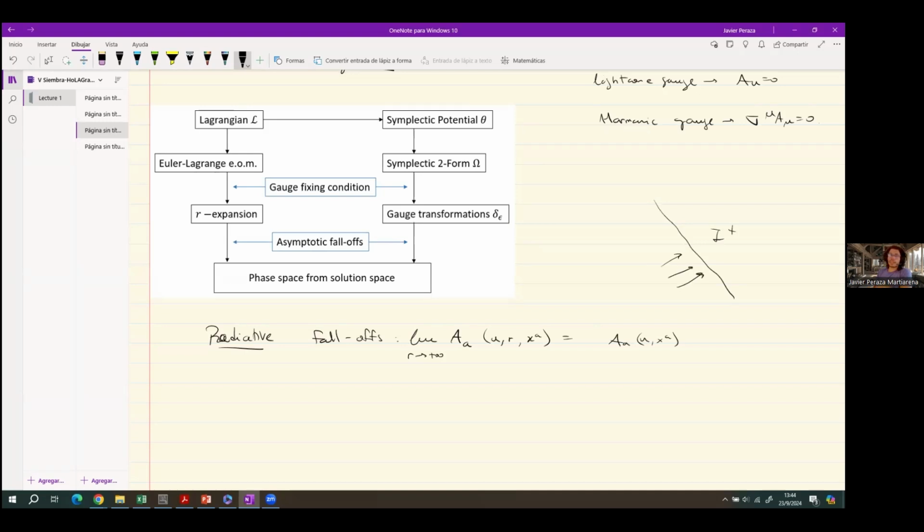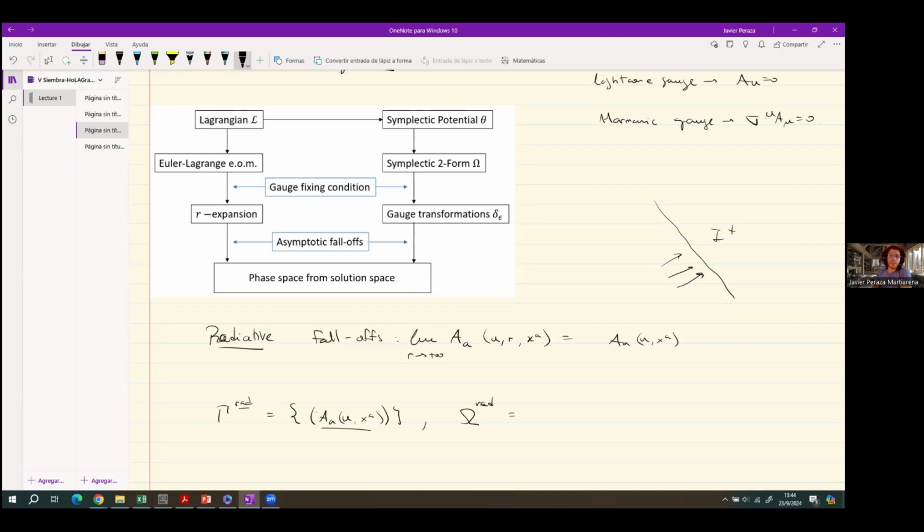Once we have this, when we solve the equations, the final data will be given by these functions, A_u(x^A). This will parameterize the phase space, and the symplectic form will be, oh, sorry, this is radiated.